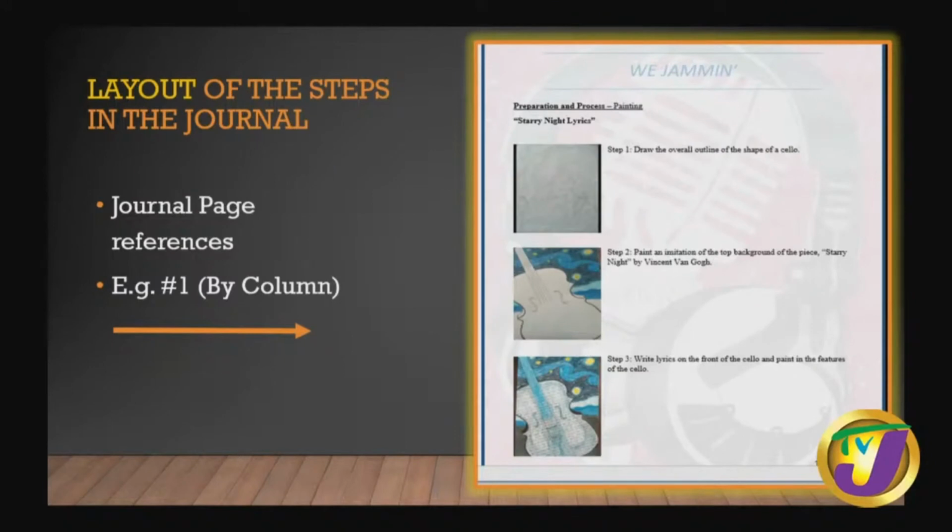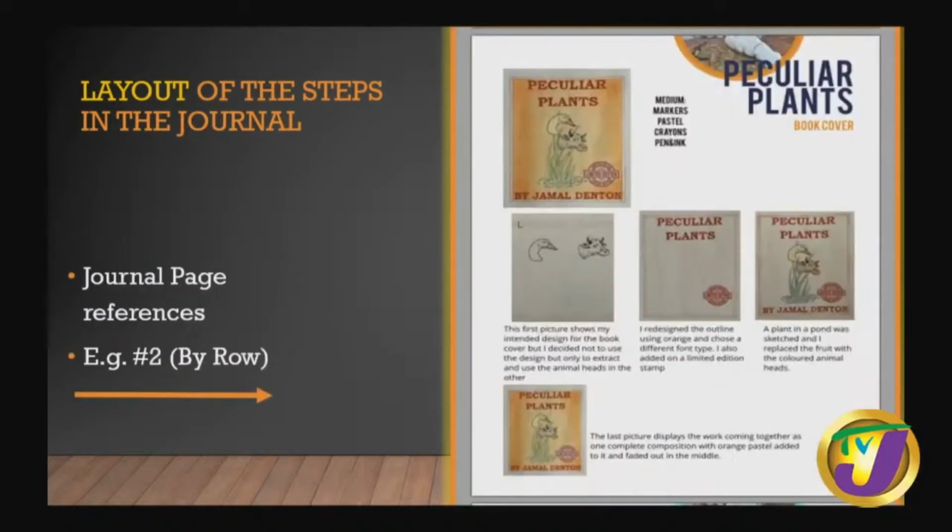This is by column, where one picture falls below the next, one step falls below the next, and all of the description is written to the side. That is one way. Now in the next frame, we have a student who decided to lay the work out in rows. Well, first was column, this is row, and the description goes below. So you have an example there to follow.